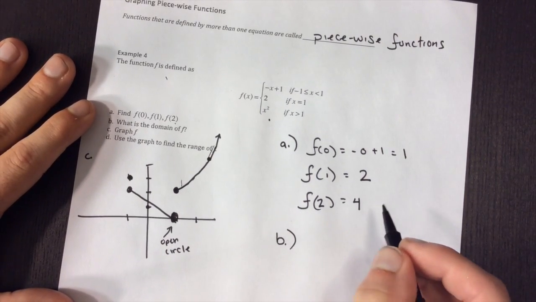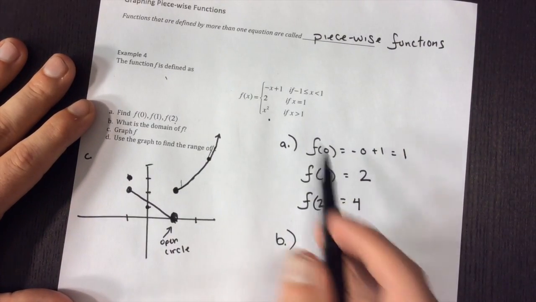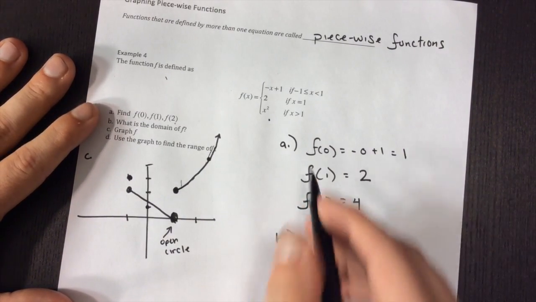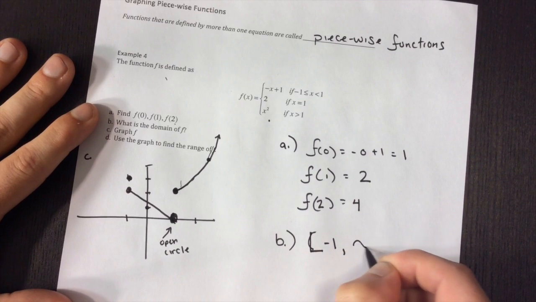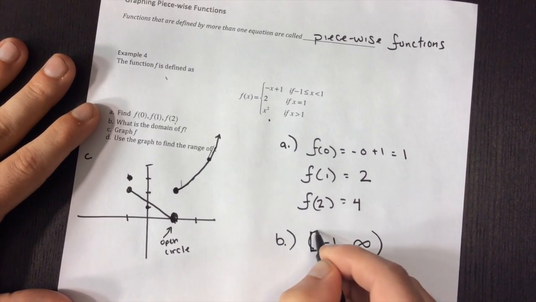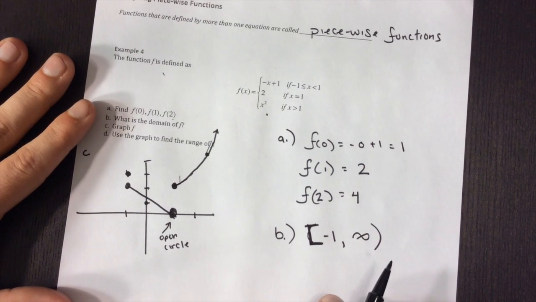If I look at the domain, my graph only starts at -1, and I go off from there. So my domain is from including -1 and off to infinity. So this is a bracket, and then this is a parenthesis.